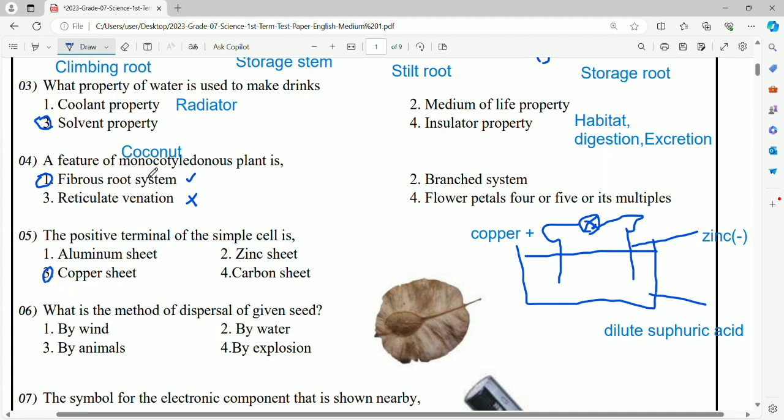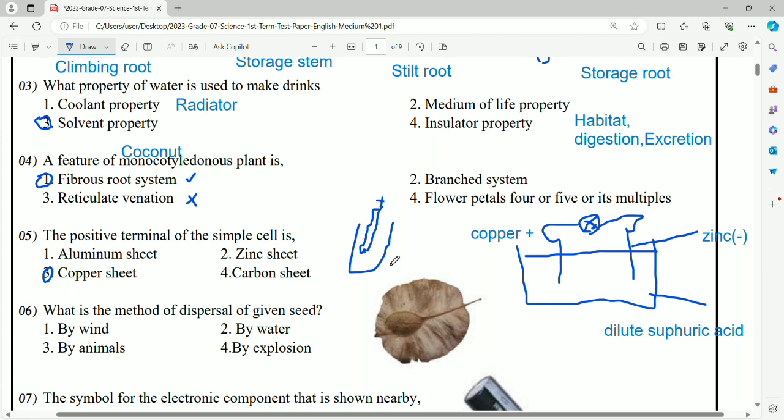Then tell me, what about the dry cell? What is the positive terminal of the dry cell? It's the carbon rod.